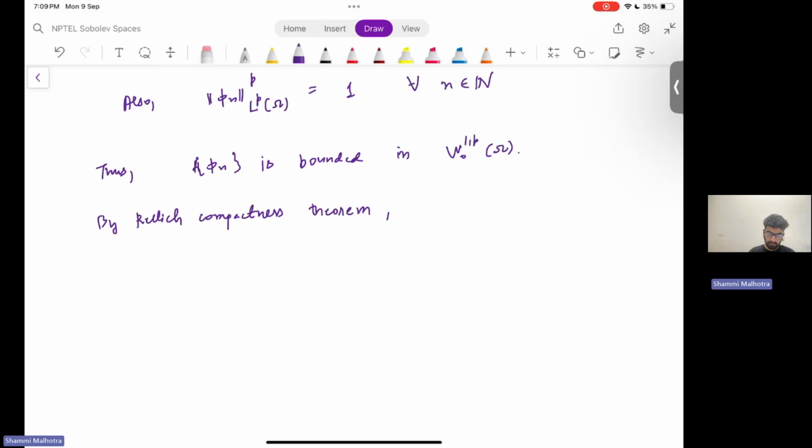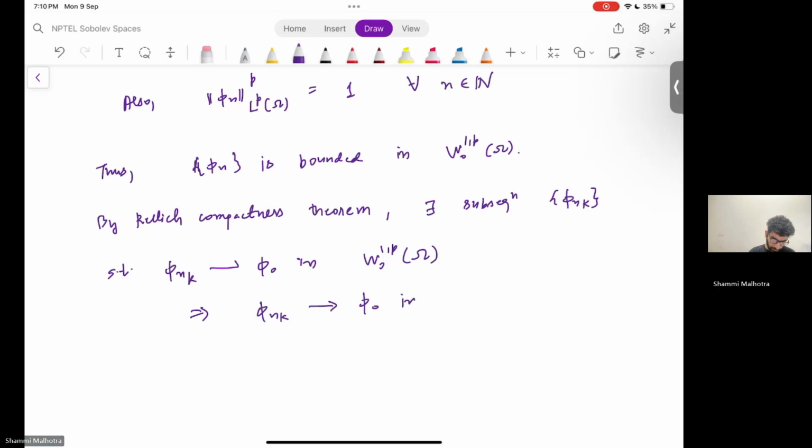We know that there exists a subsequence phi n k such that phi n k converges weakly to phi naught in W naught 1p omega, but this Rellich compactness will imply phi n k converges strongly to phi naught in LP omega.